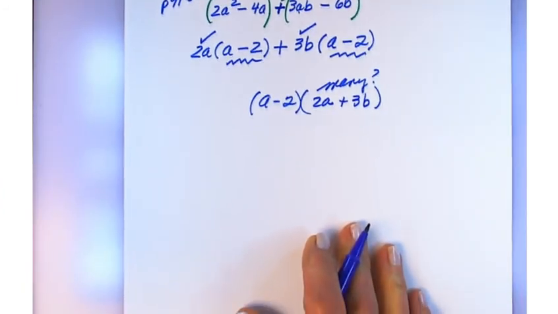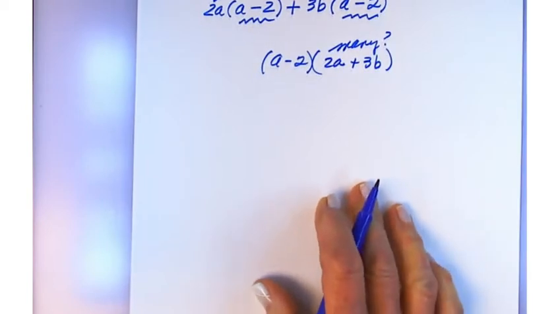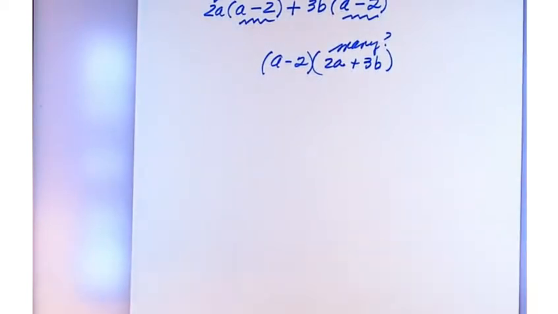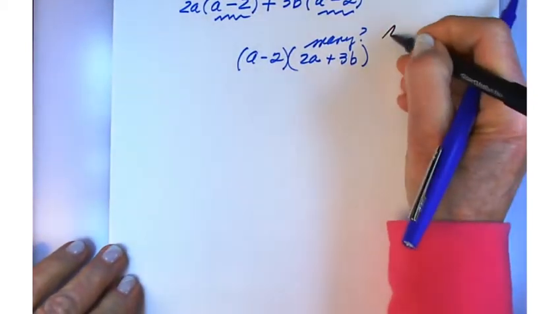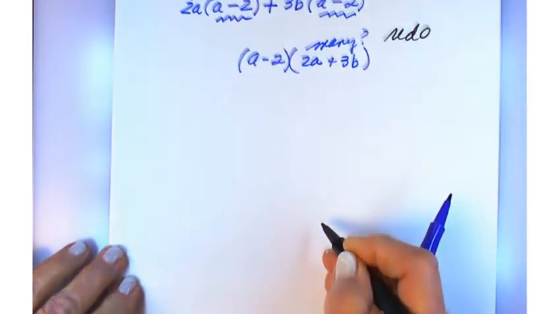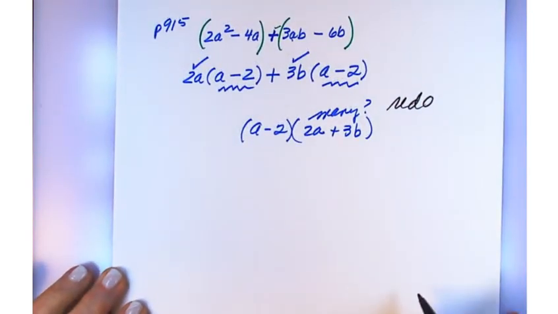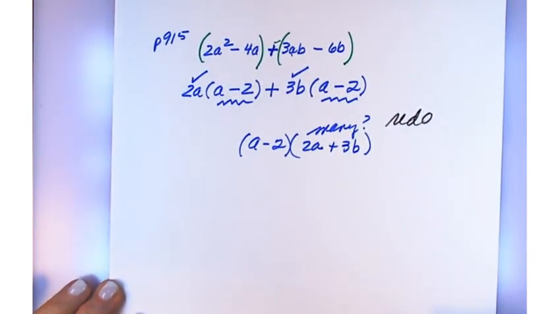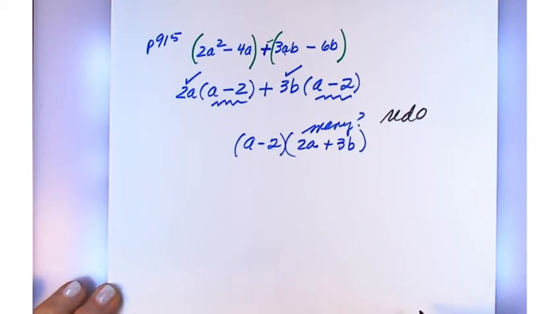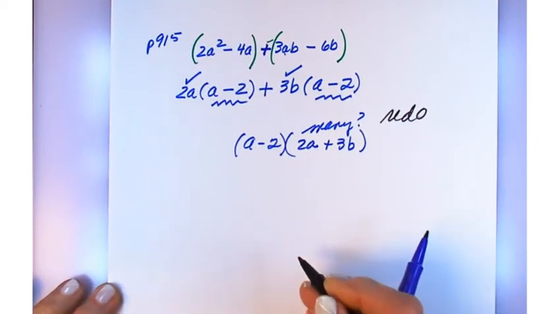Okay? It's a little bit different from anything you've ever done. So you have to redo some of my examples. You have to do the examples in the book so that you're able to do these. Okay?